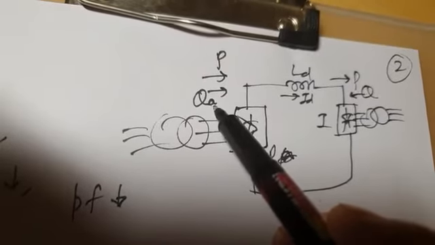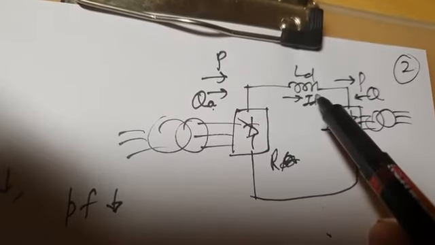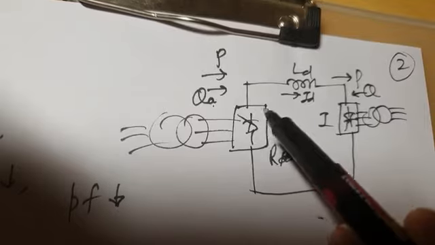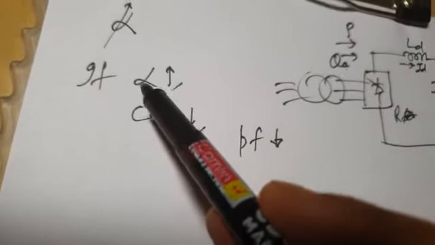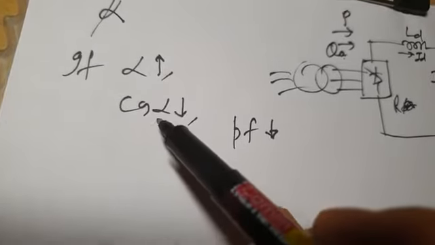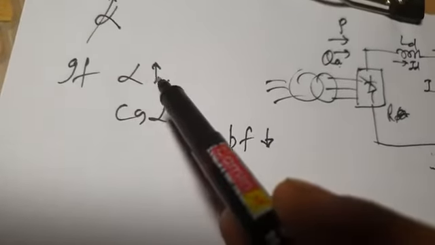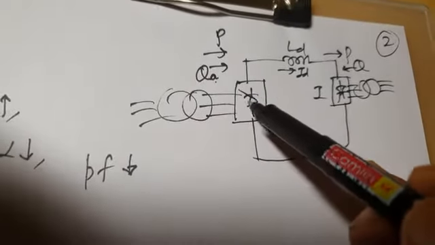And where does this reactive power flow? It will not flow through the DC line, because in case of DC there is nothing like reactive power. This reactive power is demanded by the converter because you are operating your converter at a certain delay angle, and corresponding to that delay angle there may be a certain power factor. If the delay angle is large, the power factor will be poor, and this converter will draw large reactive power for its operation.